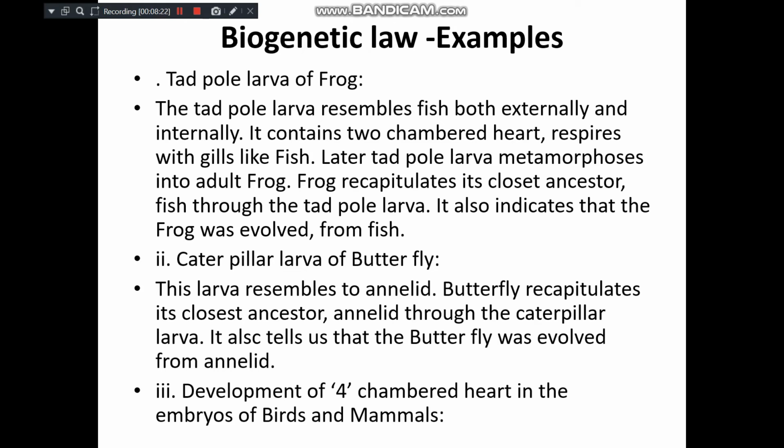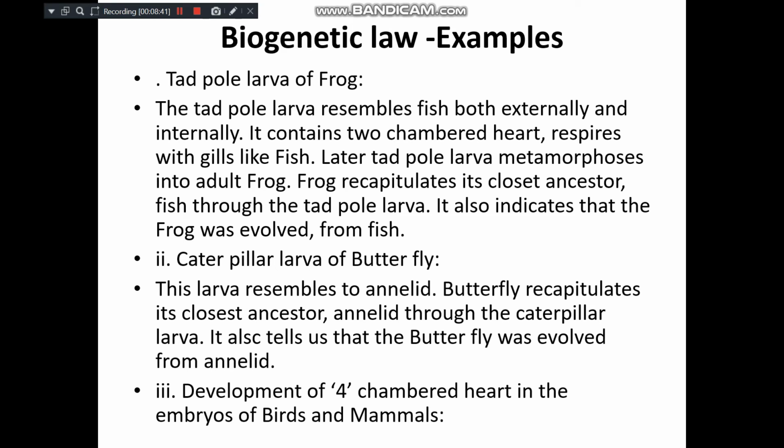Even the development of the four-chambered heart in the embryos of birds and mammals. Here I should make a comment. We know that birds and mammals evolved from reptiles.